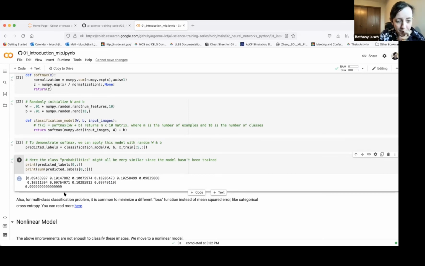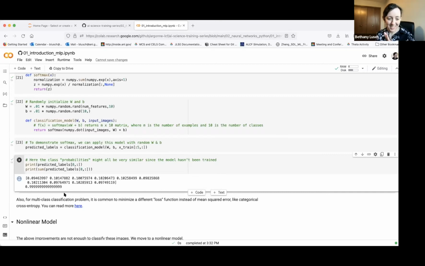Now, another improvement: in our previous training, the thing that we were minimizing was mean squared error. And so that's what the gradients were all based off of. For classification, it's common to use something else like cross entropy, binary cross entropy for 2 classes, or it's called categorical cross entropy if you have more classes.